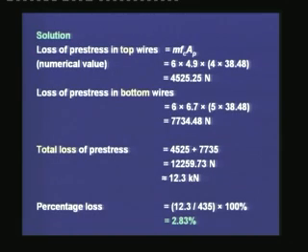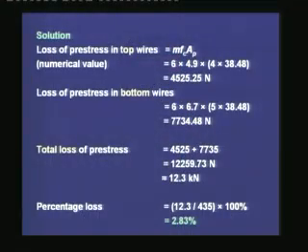Now, once we have calculated the stresses in concrete at the level of the steel, we are calculating the losses in the tendons at each level. The loss of prestress in the top wires is equal to the modular ratio times the stress in the concrete times the area of the prestressing steel.